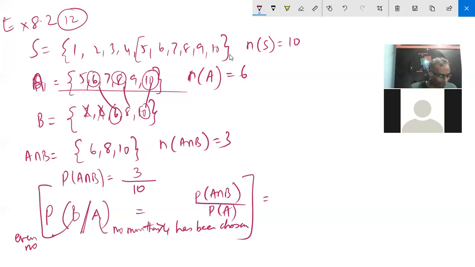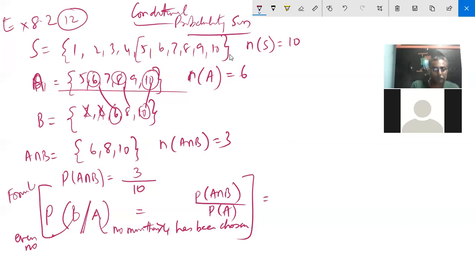Okay, this is a conditional probability sum. 12th sum is a conditional probability sum. You have to use the formula. This is formula. Okay. So P of A intersection B is 3 by 10. P of A is how much?